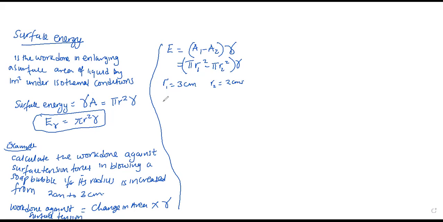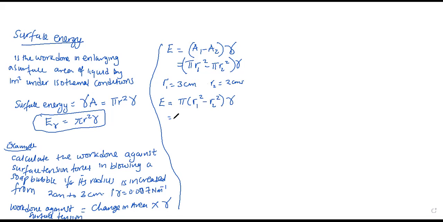So we shall get the energy from pi into r1 squared minus r2 squared times gamma. Gamma for water is 0.07. I think I forgot, for soap, gamma is 0.07 Newton per meter.